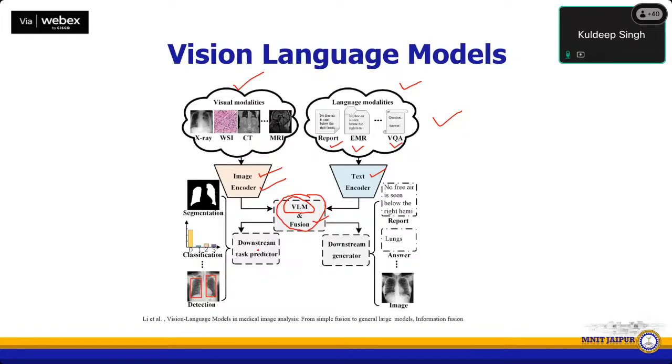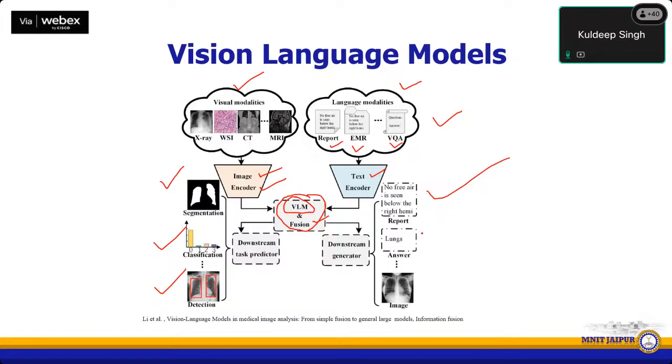For example, the vision related tasks: segmentation of the image modalities, classification of these image data, detection from these image data. Coming to the natural language outputs, we can generate a report for a given visual modality.